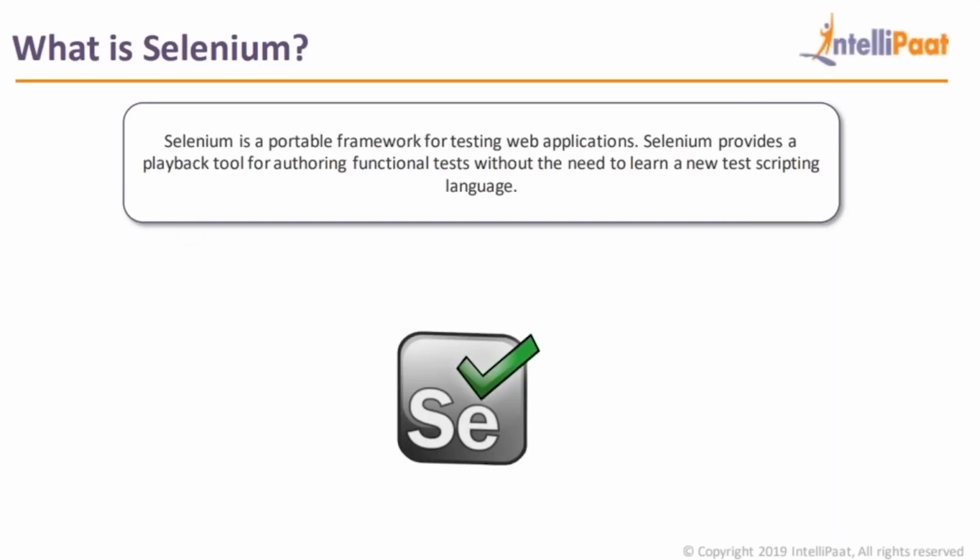For example, let's say I first go on Google, I search for a particular term, then I click on the first result, right? If I'm doing these actions, and if these are being recorded, these basically automatically get converted into code in the background. And then once you play back what you have just done, it automatically runs that code and repeats all the actions that you have done in the browser itself, right?